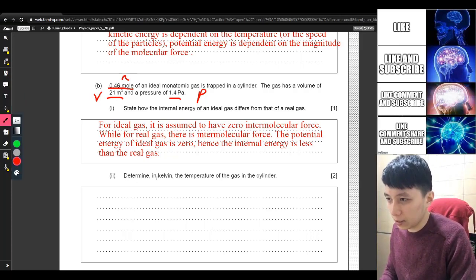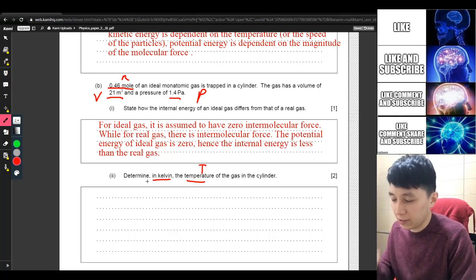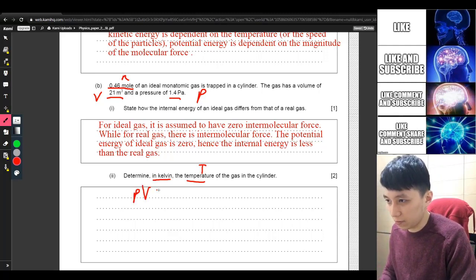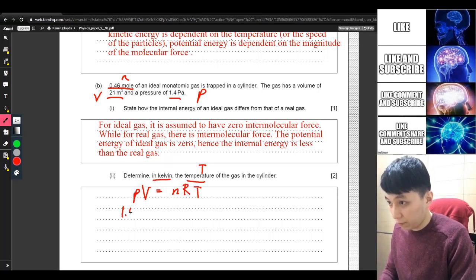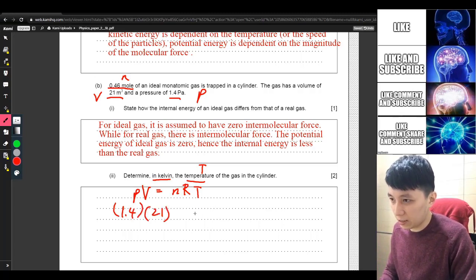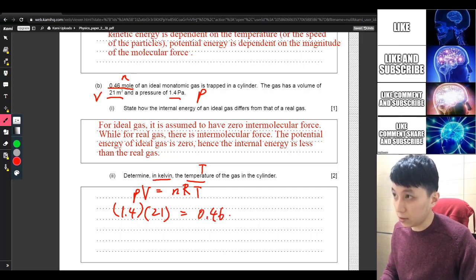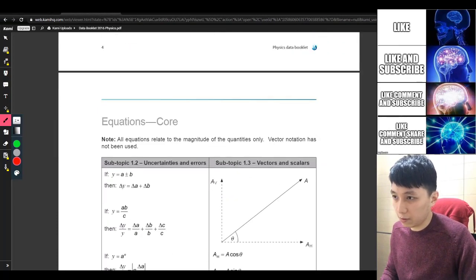Part 2, in Kelvin, find the temperature T. So obviously PV equals nRT. I think when you see this PV nRT, you should be very happy. So 1.4, volume 21. Just pay attention if they are in SI unit. Mole is 0.46, and then R is from the data table.